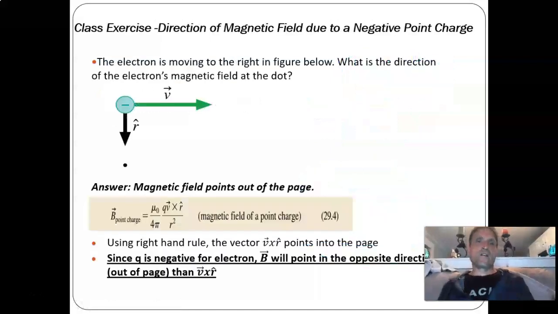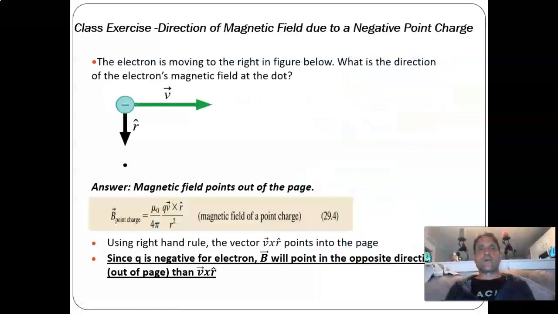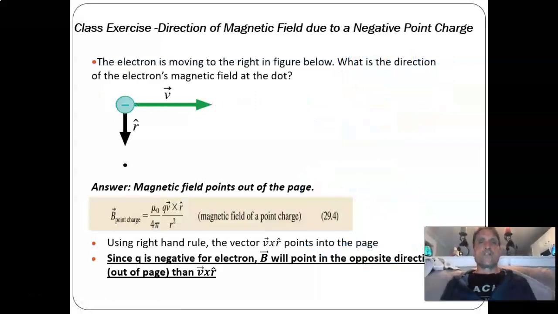So let's get a little more practice with the right-hand rule here. Suppose we have a negative charge, an electron, moving to the right. And we want to know what is the direction of the magnetic field due to this moving electron at the location of the dot. Okay.